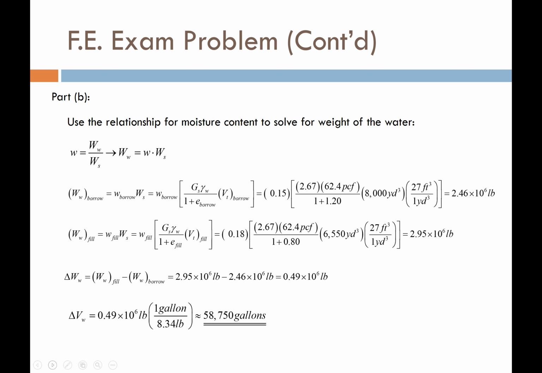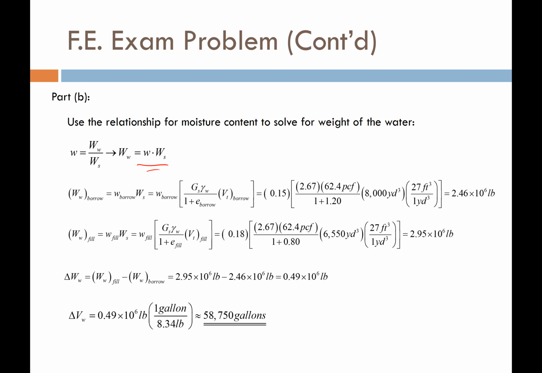For part B, what we need to do is use the relationship for moisture content to solve for the weight of the water. So again, I'm solving a relationship for the moisture content, and I'm going to relate that back to the weight of the solid. So this right here is my key equation.